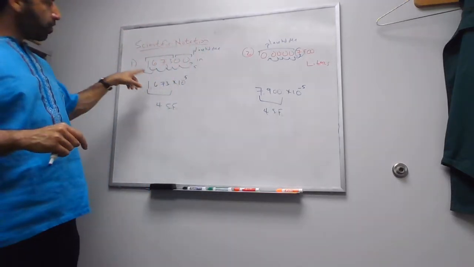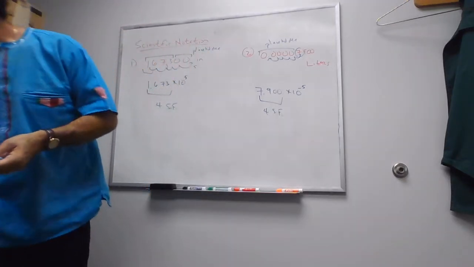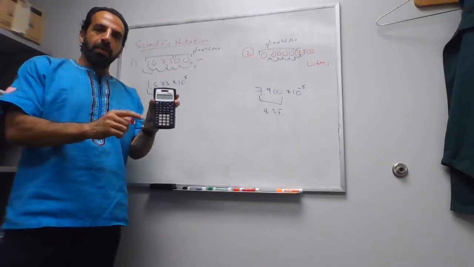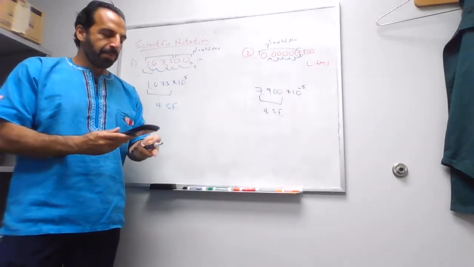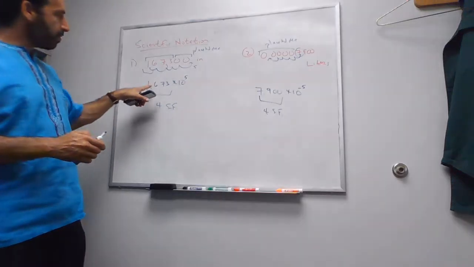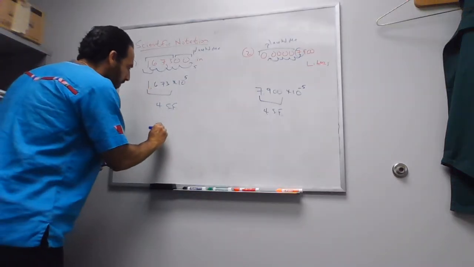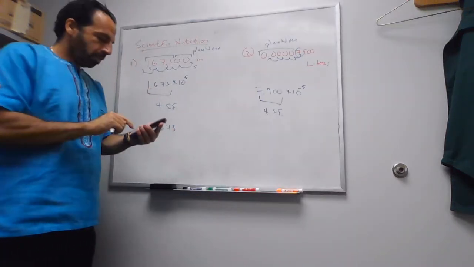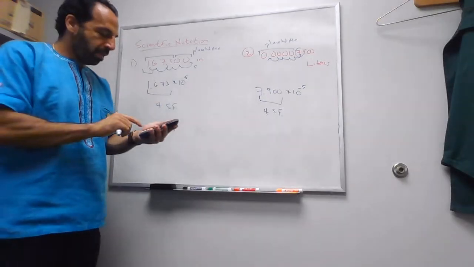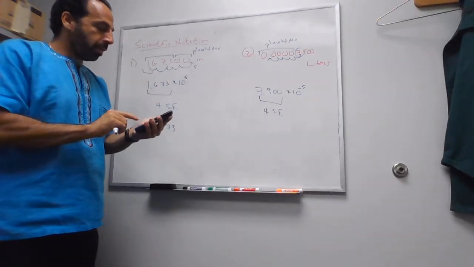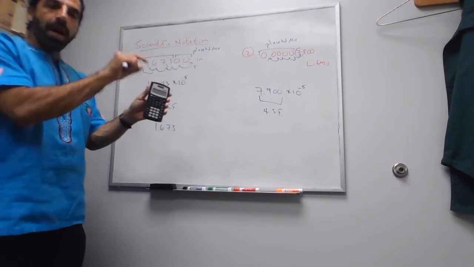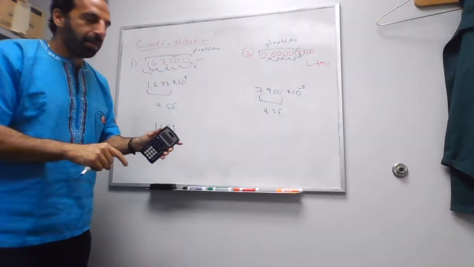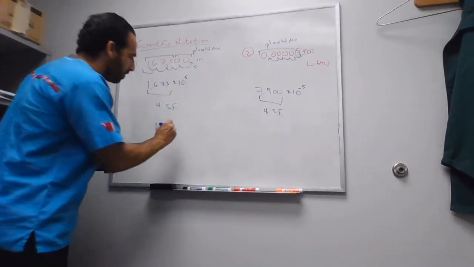Let's go ahead and show you how to put this into your calculator. Your calculator should have scientific notation, so you need to get a calculator that has that. I'm going to enter 1.673. It doesn't really make a difference what calculator you have. I don't want to write times 10 to the 5th in my calculator, so I'm going to use the EE key.